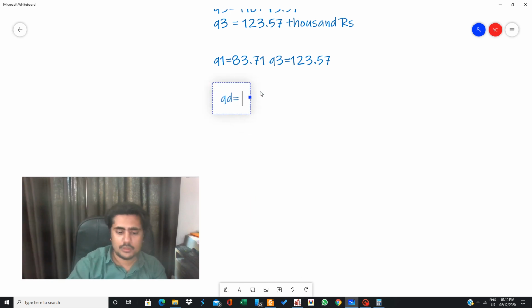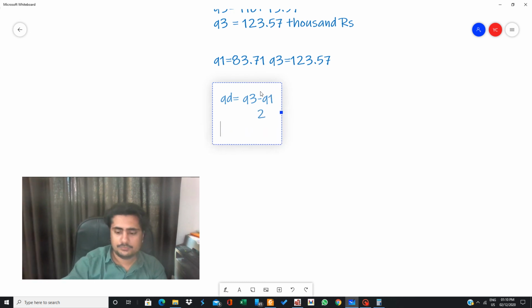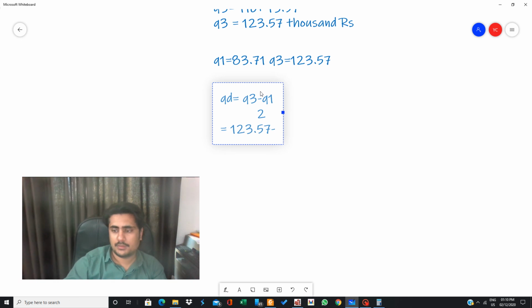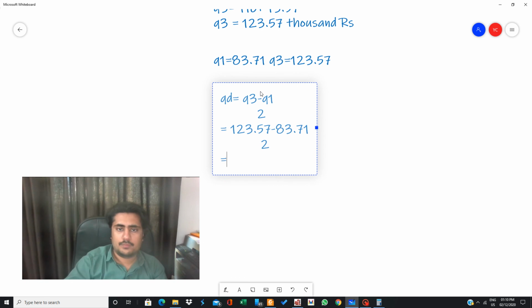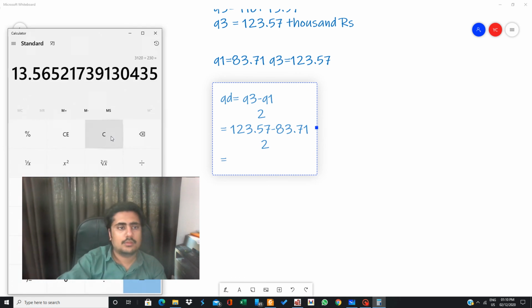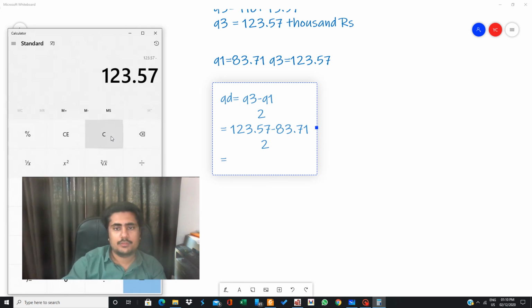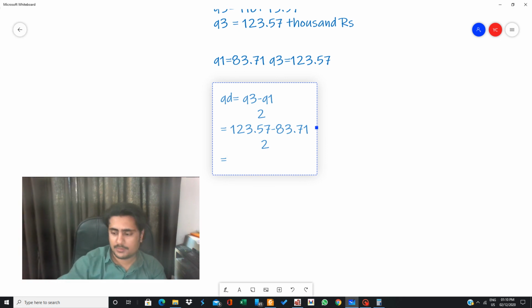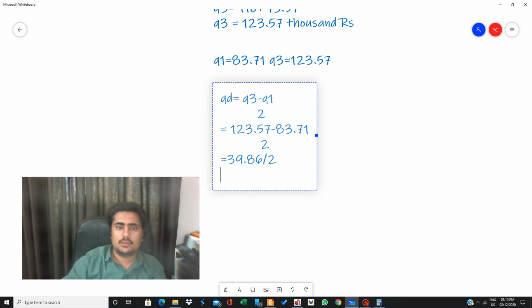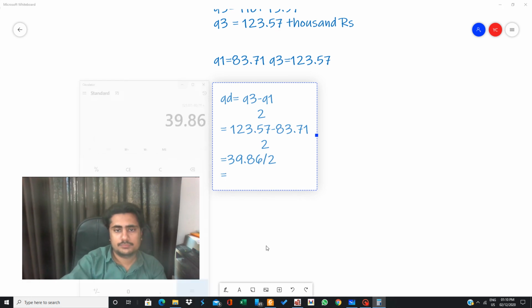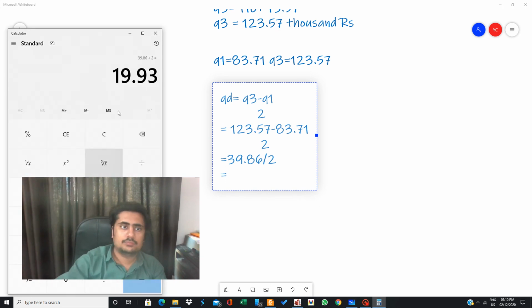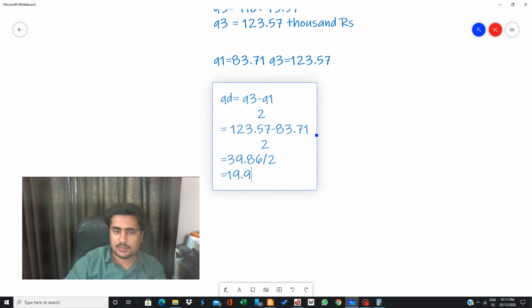My quartile deviation is Q3 minus Q1 upon 2. Now what is Q3? 123.57 minus Q1 upon 2. So this is 123.57 minus 83.71, that is 39.86 upon 2, which is 19.93.